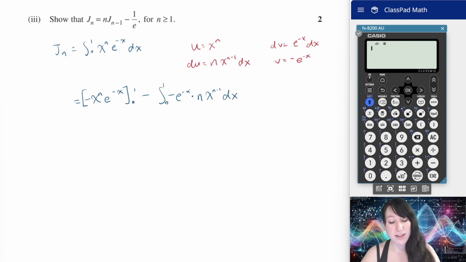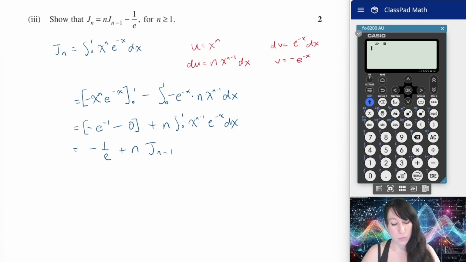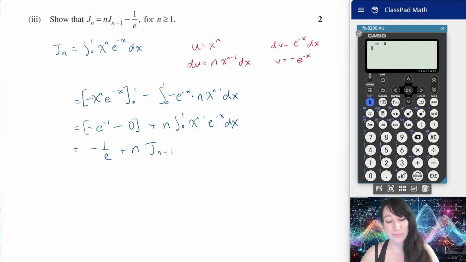Let's work out that first part and simplify the second part. We can see that integral as simply Jn minus 1, which is the result we're looking for.